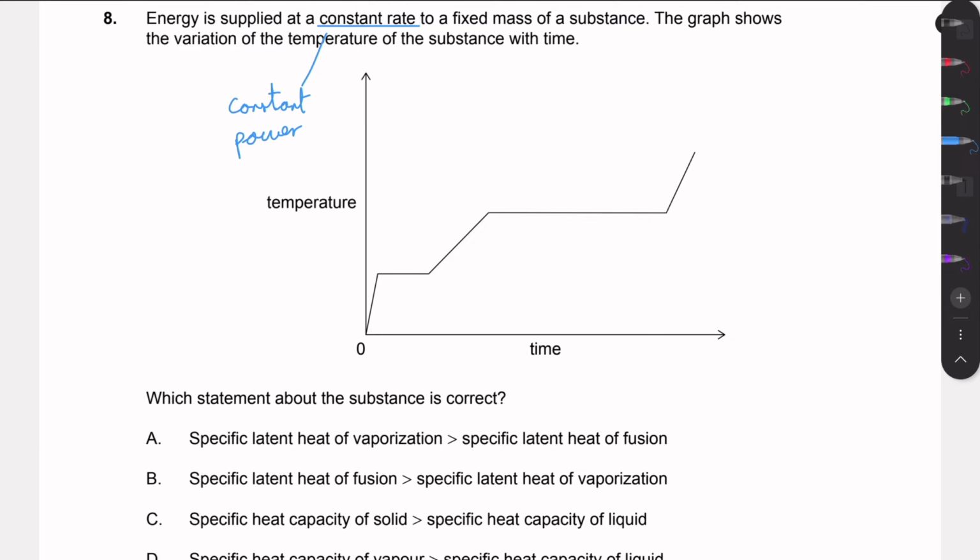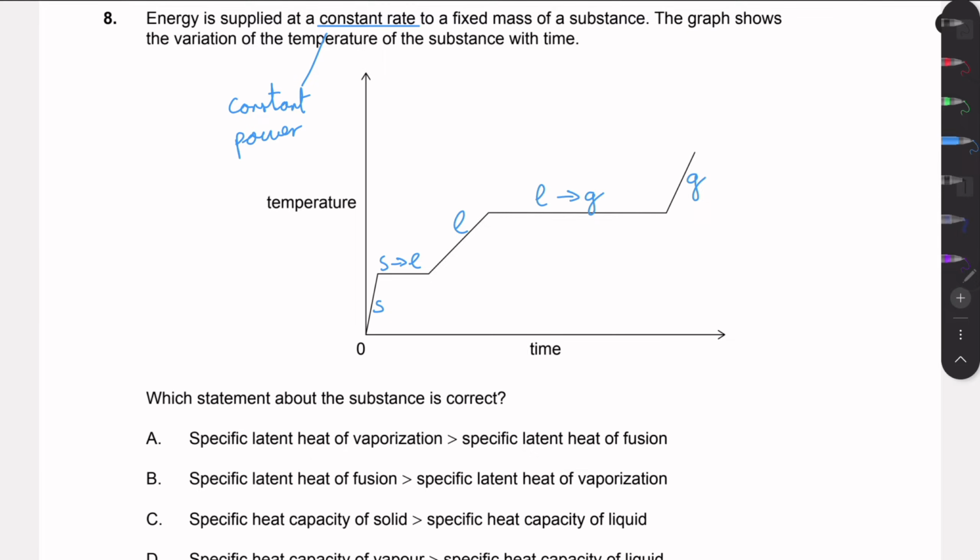So here we see a regular temperature time graph. Here we are increasing the temperature of our substance. Here we are changing the phase of our substance. So at the start here, we are likely in some solid phase. Then here we are in liquid phase, and then here we are in gas phase. And so here we go from solid to liquid, and here we go from liquid to gas.